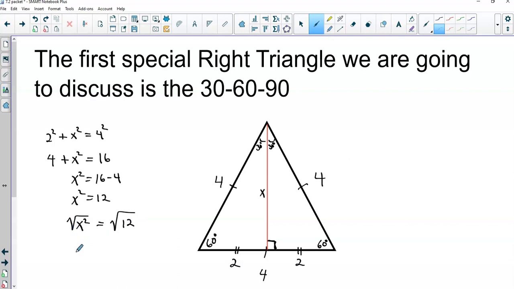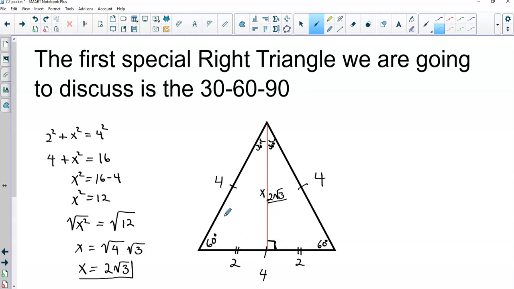The square root of x squared is x, while the square root of 12, well, we know that 12 is the same thing as the square root of 4 times the square root of 3. Thus 4 times 3 is 12. Well, notice now that 4 being a perfect square, the square root of 4 is 2, so we have 2 square root of 3. So that's the exact number for that altitude. That means that the altitude would measure 2 square root of 3.